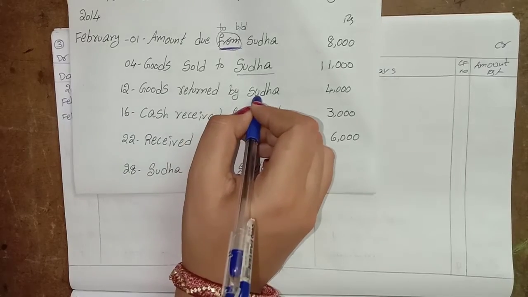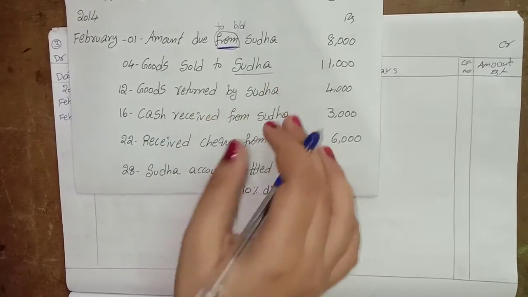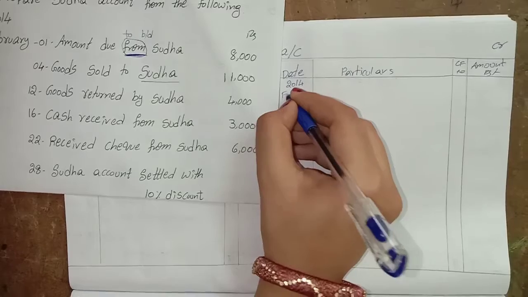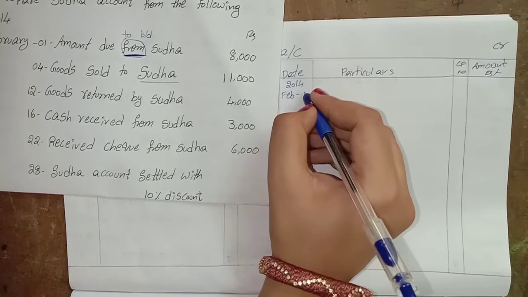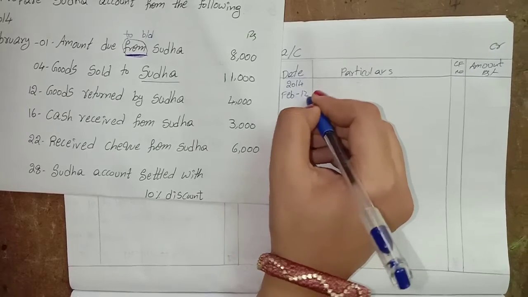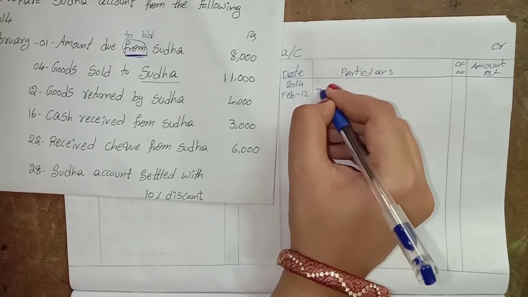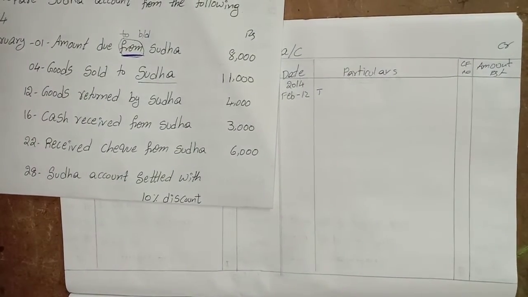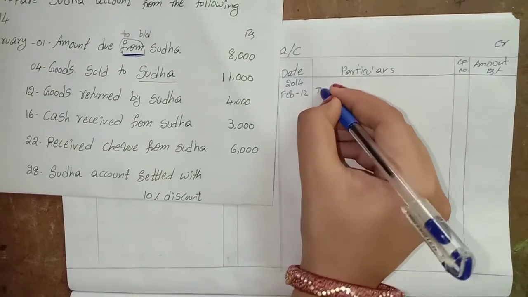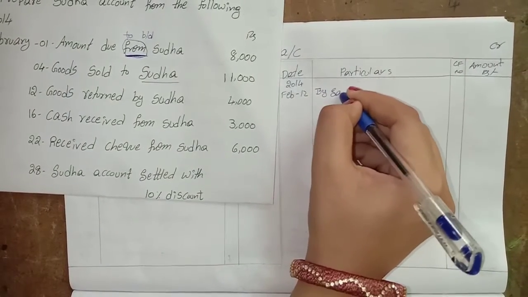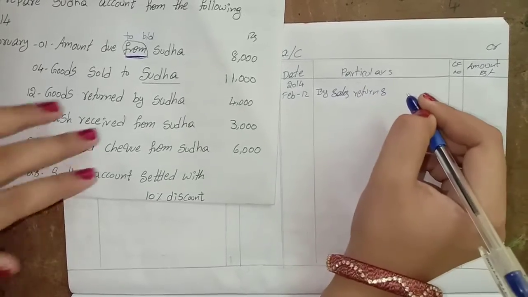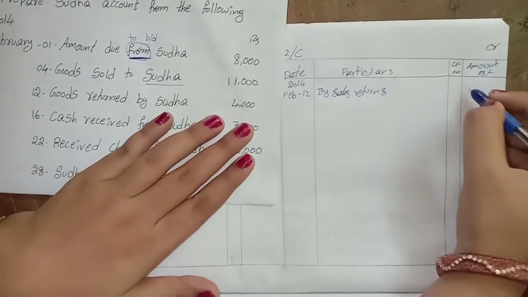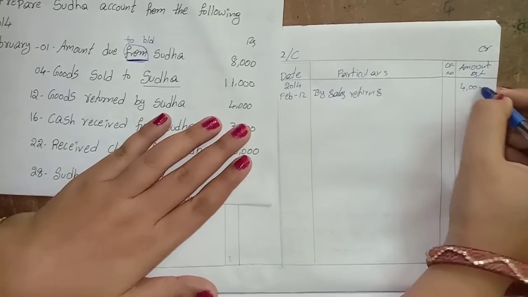So Sudha is in credit, so we have to place it in credit side. February 12, by sales returns. How much? It is 4,000 rupees.